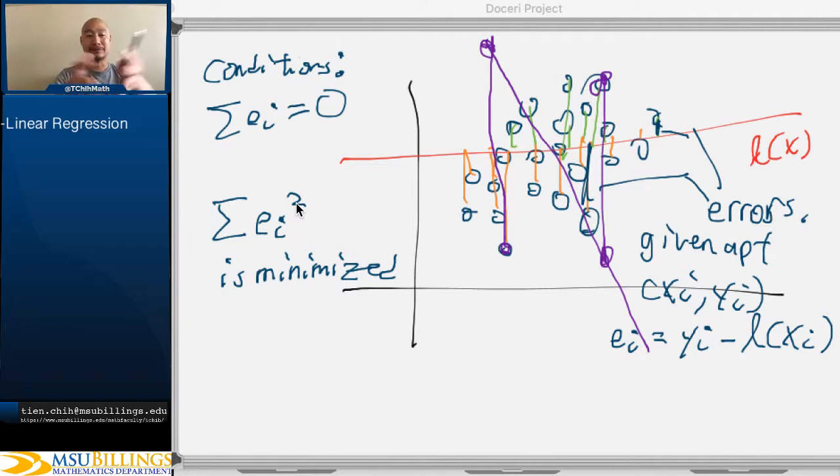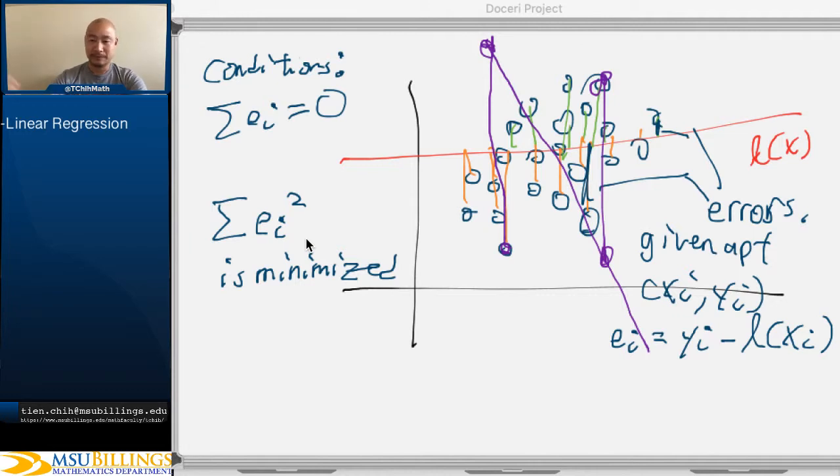The larger the magnitude of the errors, the more the square is. So you're looking for a line that minimizes the magnitude of these errors squared. And it turns out, and I won't go into the details because it's fairly complicated and involves math that is somewhat beyond the scope of this course, that that's enough information to determine a unique line.